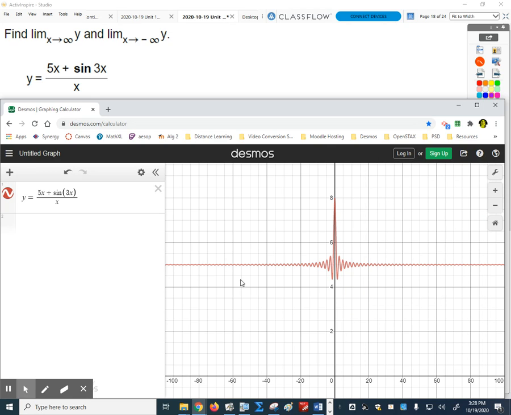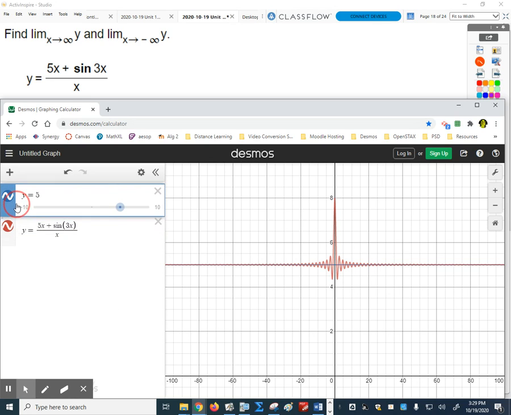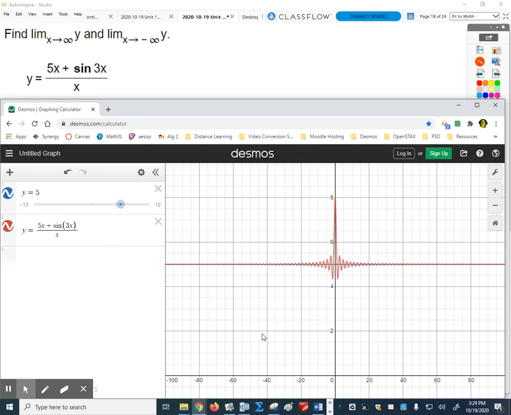And then you can see pretty easily that it's eventually sticking to the line y equals 5, isn't it? Let's put this one on top. So now the red one's on top of the asymptote. Okay. So you can see either way, the answer's 5.